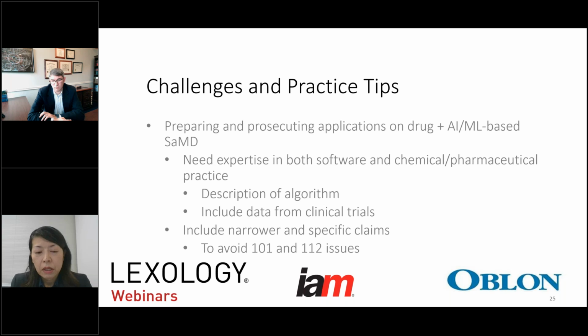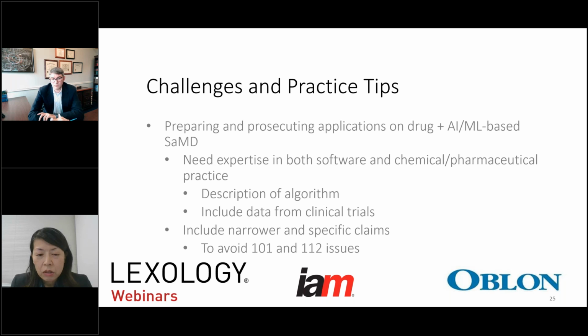112, the industry commentary that I've read so far, the general sense is that the level of detail that you want for an AI-involved invention should be similar to other computer-implemented technologies.